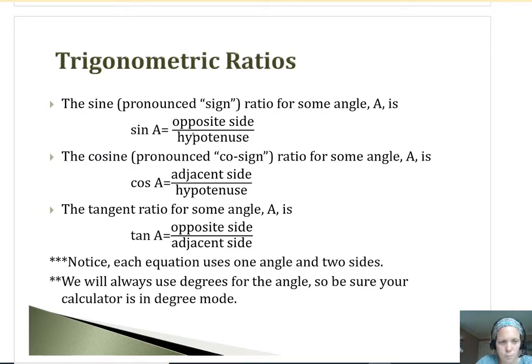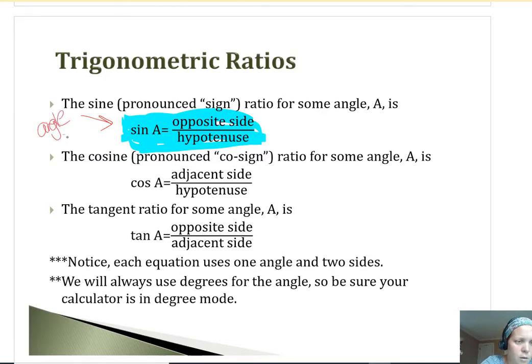Okay, so notice there are really three formulas here. The first one is sine, and it says that sine of the angle is the opposite side over the hypotenuse side. Notice on the left side, the thing that we can plug in is my angle or my degrees.